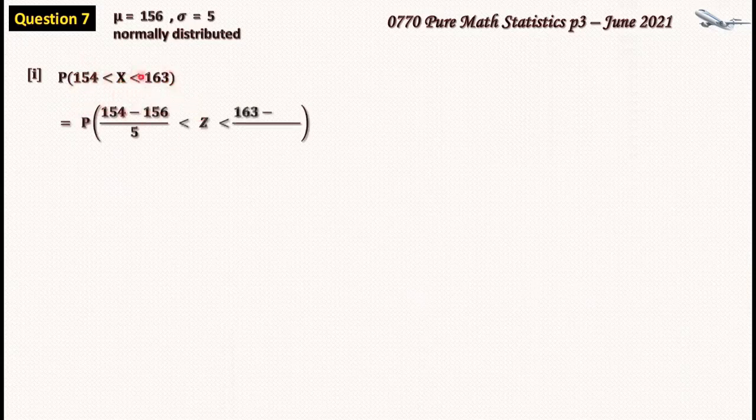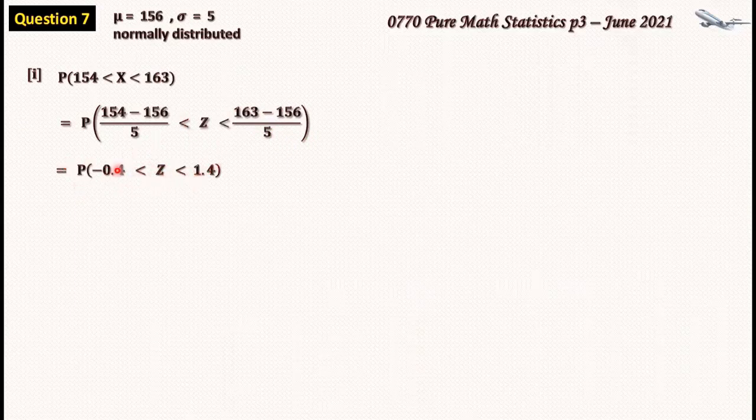Because it's a normal distribution. To convert to the z-score, we are going to have 154 minus the mean on the standard deviation, less than z, less than 163 minus 156 on 5. So we are converting this to the standard z-scores. So this will be the probability of z greater than minus 0.4 and less than 1.4.